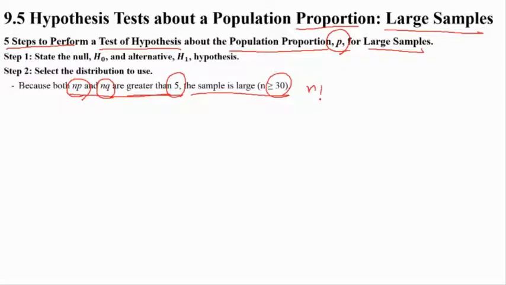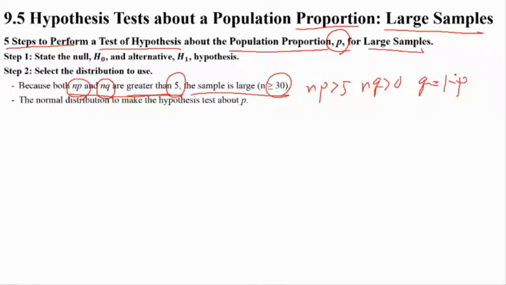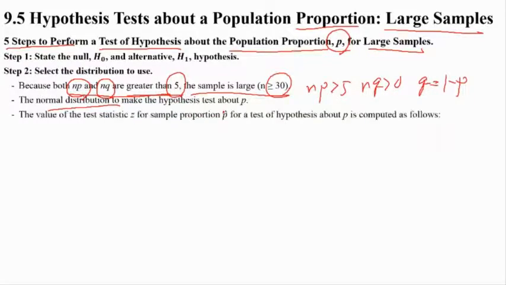So n times p greater than 5 and n times q greater than 5, where q is 1 minus p. This is all for proportion. So of course we use the normal distribution for the hypothesis test. For a large sample we use z, the normal distribution.